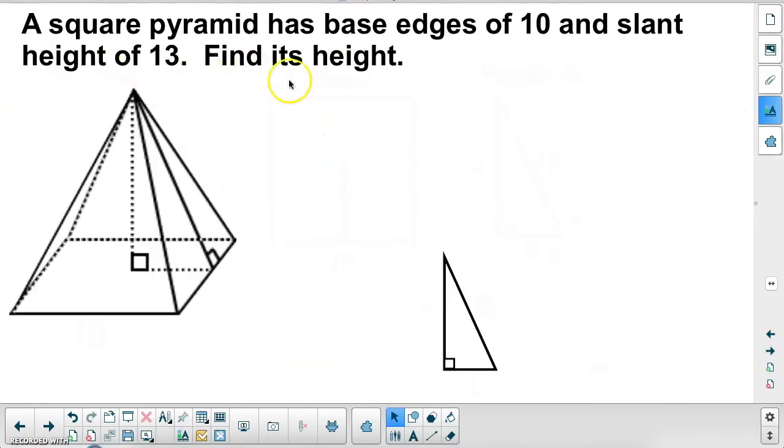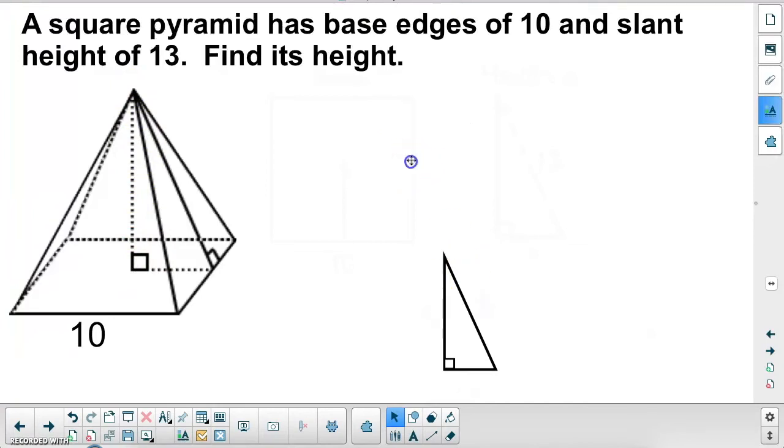Alright, so we have a square pyramid that has base edges of 10 and a slant height of 13. So that slant height is from the apex down to the edge of the base. What we're going to do is find the height of the pyramid. That's from the apex to the center of our base.